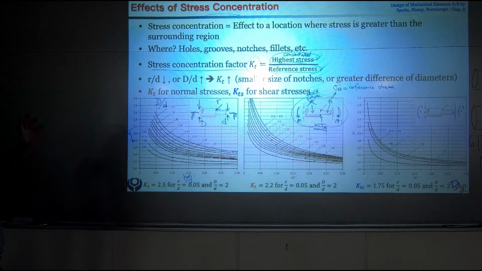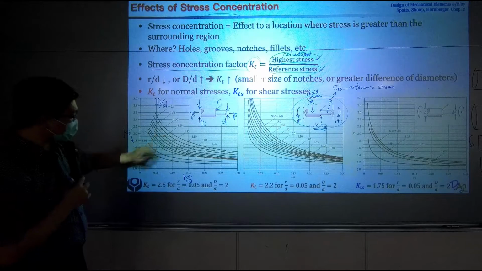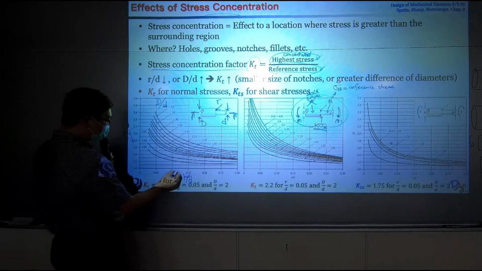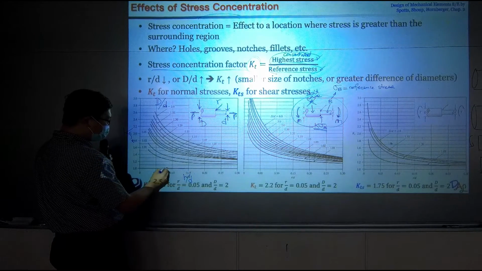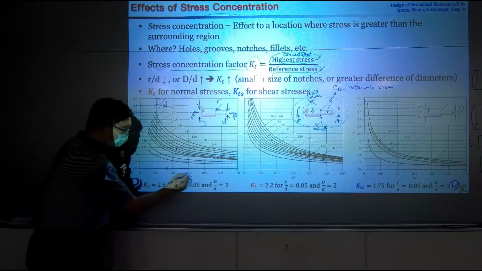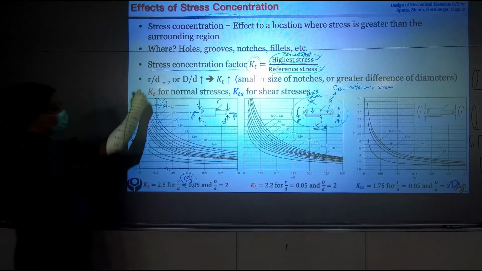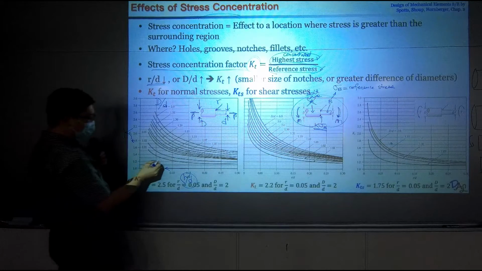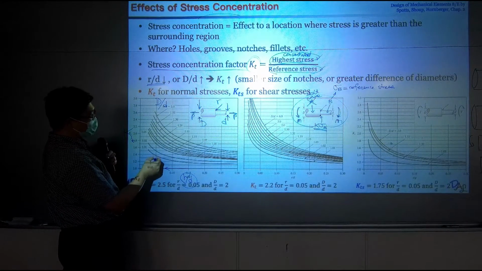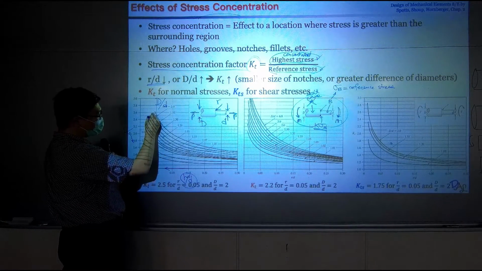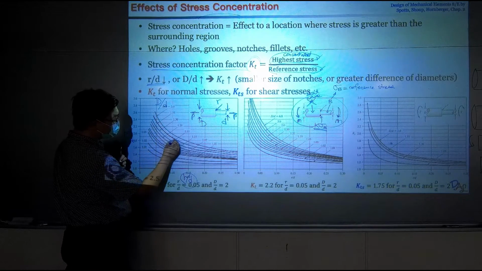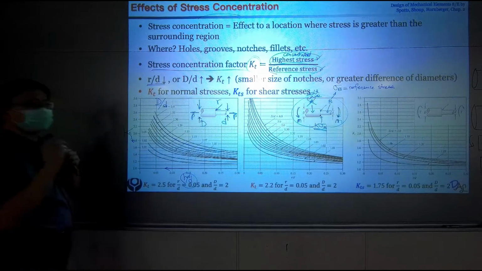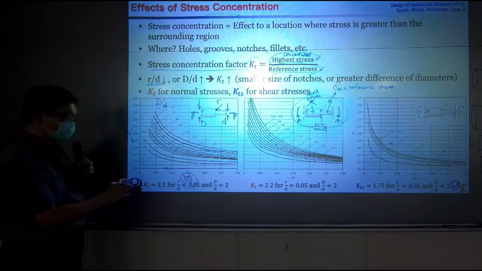Okay? So this table is telling you, if I have a smaller value of r over d, then let's take a look at what's going to happen. In that case, we focus on one particular case. Let's say capital D over small d is constant.